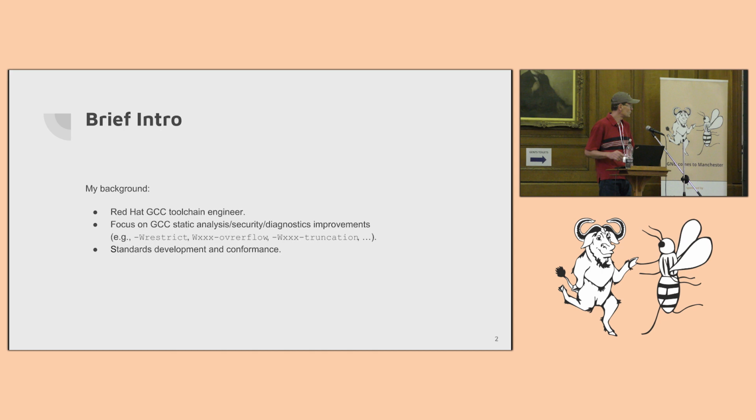My contributions to GCC have been in the -Wrestrict warnings, the -Wformat-overflow, and -Wstringop-overflow warnings that you may have run into in your experience with the compiler. So I'm to blame for those.